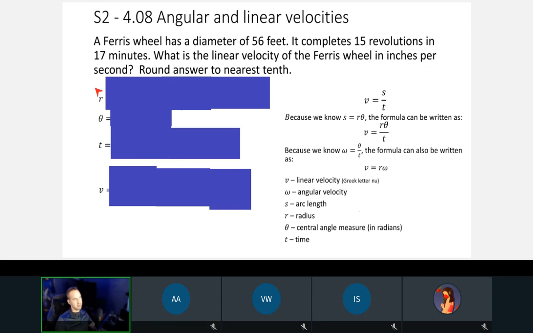So what's the radius of this Ferris wheel? 28 what? 28 what, Antonio? So on your final, don't forget to put the units when you write down your values. 28 feet.